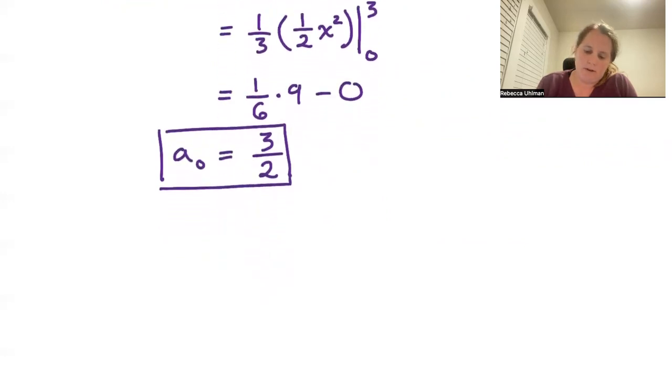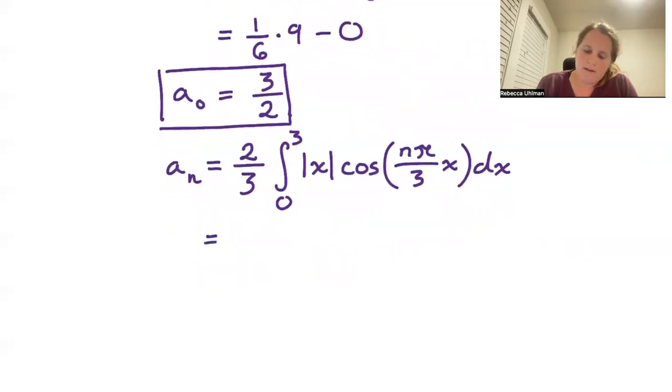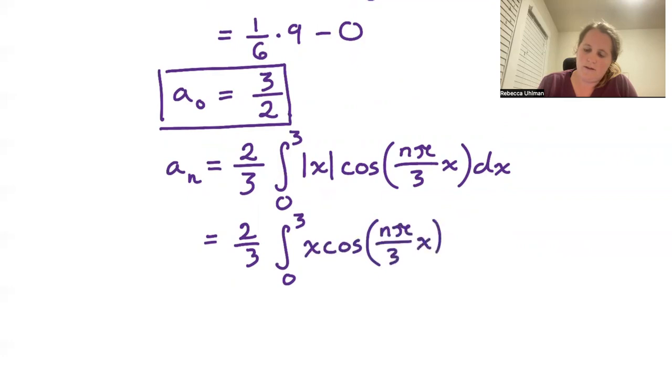Beyond that, we go ahead and find our a sub n. A sub n is equal to 2 over L, so 2 over 3, times the definite integral from 0 to 3 of f of x, absolute value of x, times cosine n pi over 3 x dx. This is the same thing as 2/3 times the definite integral from 0 to 3 of x cosine n pi over 3 x dx.